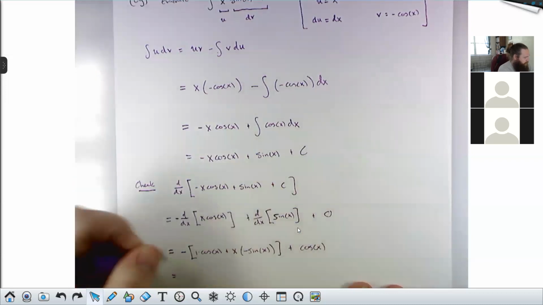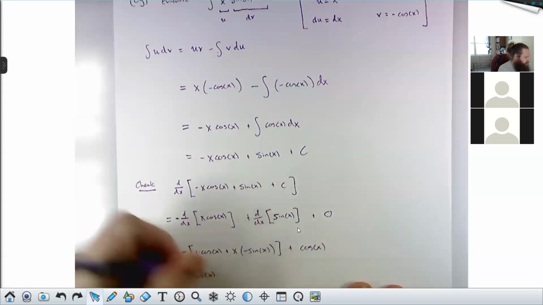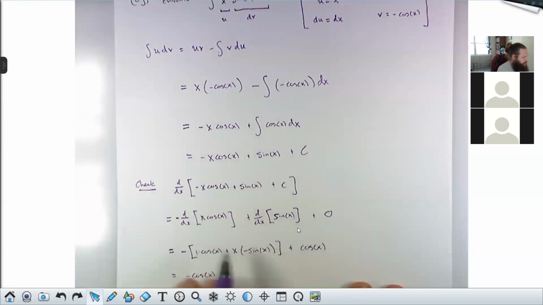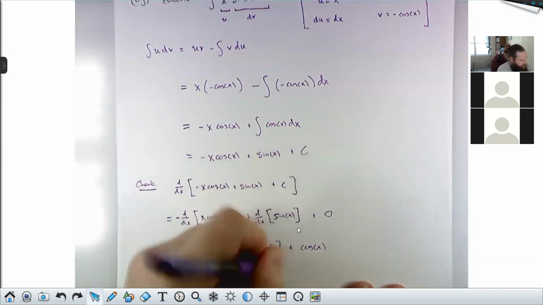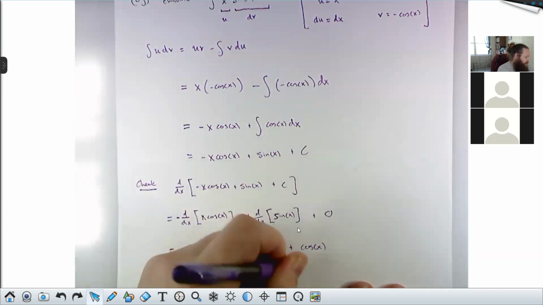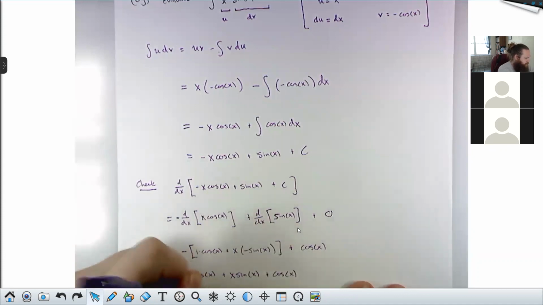So what do we have all together here? Distributing this negative, I have negative cos x, and then negative times this piece, which is negative x sine x, is positive x sine x. And then plus cos x, chilling at the end. And negative cos x plus positive cos x is indeed x sine x.